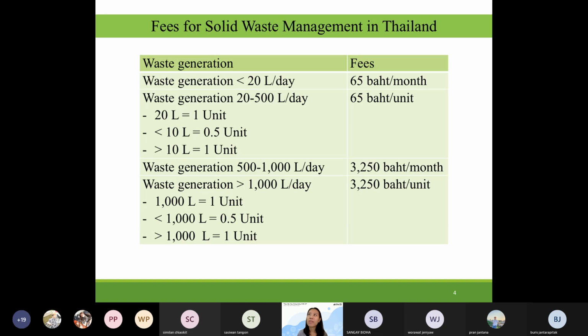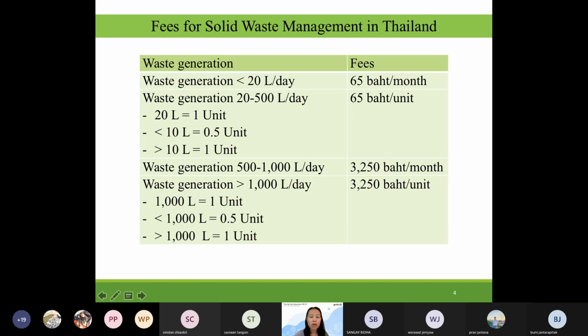Why? Because the government already supports the transportation cost and also the benefits from utilization, right? And for disposal, they also support maybe 100% of waste management, but for the collection process, people have to pay some fee or charge based on waste generation per month.